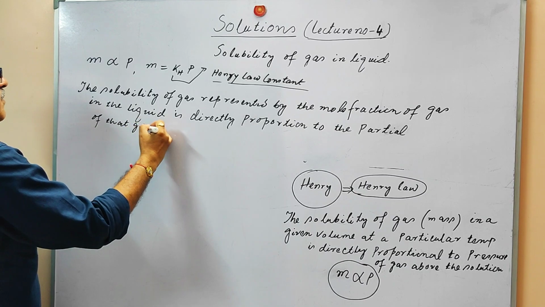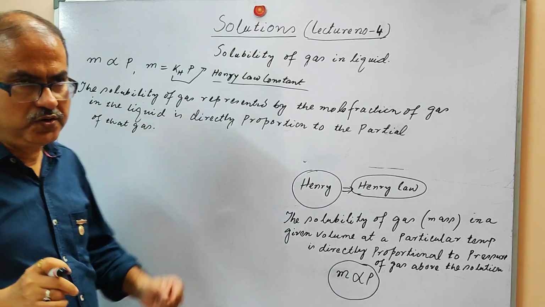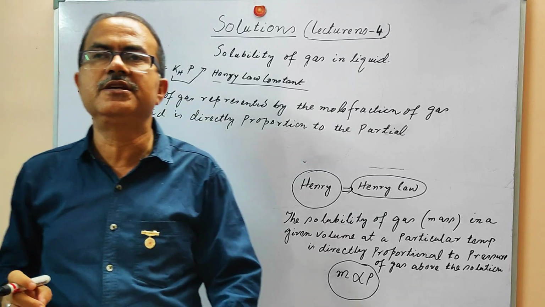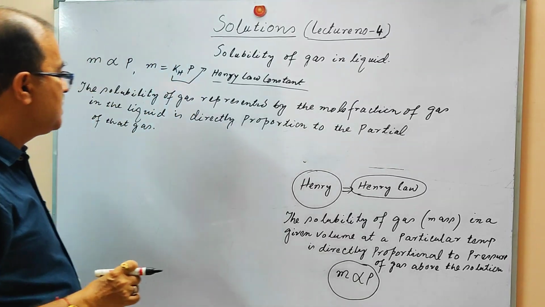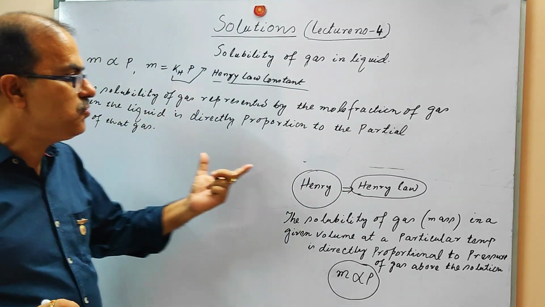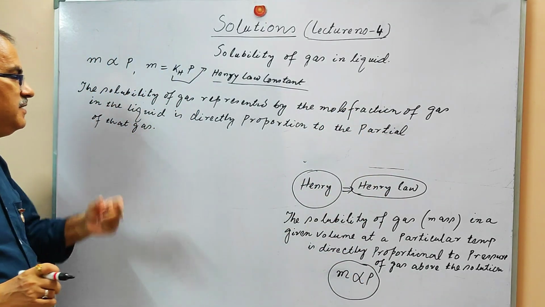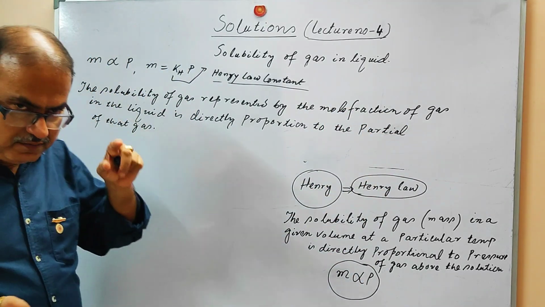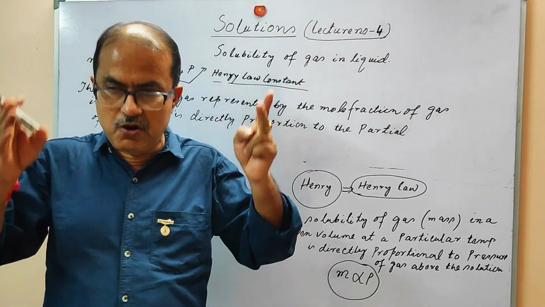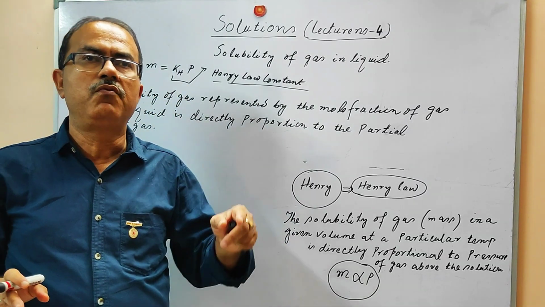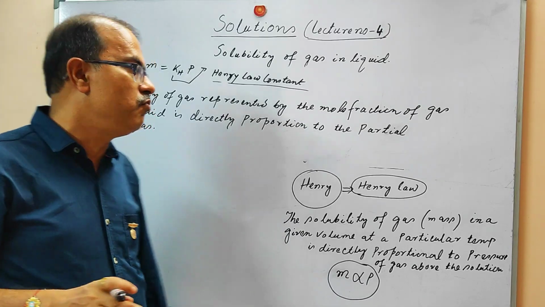Suppose there is a mixture of gases. In that gas mixture, you want to know how much of this gas is in the solution. At that time, the solubility will be represented by the mole fraction of the gas, and the partial pressure of this gas above the solution will be responsible for the solubility in terms of mole fraction.